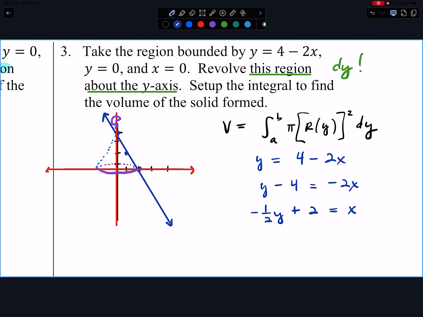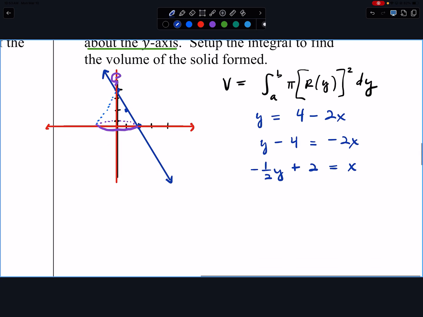Since I'm integrating with respect to y, do you guys agree it's going to be right minus left? But remember, since we're spinning it around the y-axis, what is the equation here? X equals 0. So do you guys agree this minus 0 is just going to be that? Okay, so there's no extra thinking here yet. I'm trying to keep things simple so you guys just get used to the formula.